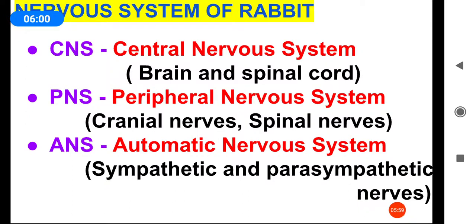CNS, central nervous system, includes brain and spinal cord. Then PNS, peripheral nervous system, is formed of 12 pairs of cranial nerves and 37 pairs of spinal nerves. Then ANS, autonomic nervous system, comprises sympathetic and parasympathetic nerves.